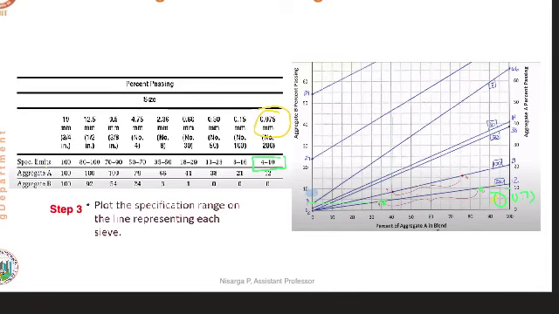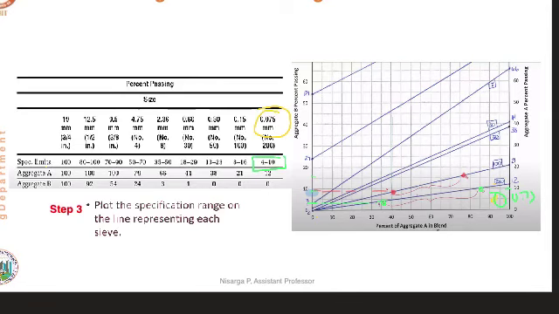The value 8 will come somewhere at this point, and the next value, 16, will come here. So we have to extend this line such that it meets the number 100 sieve line, and the same 16 is also projected, and it will meet the number 100 line at some point. Similar to this, the specification limits for all the sieves are plotted on their respective lines.